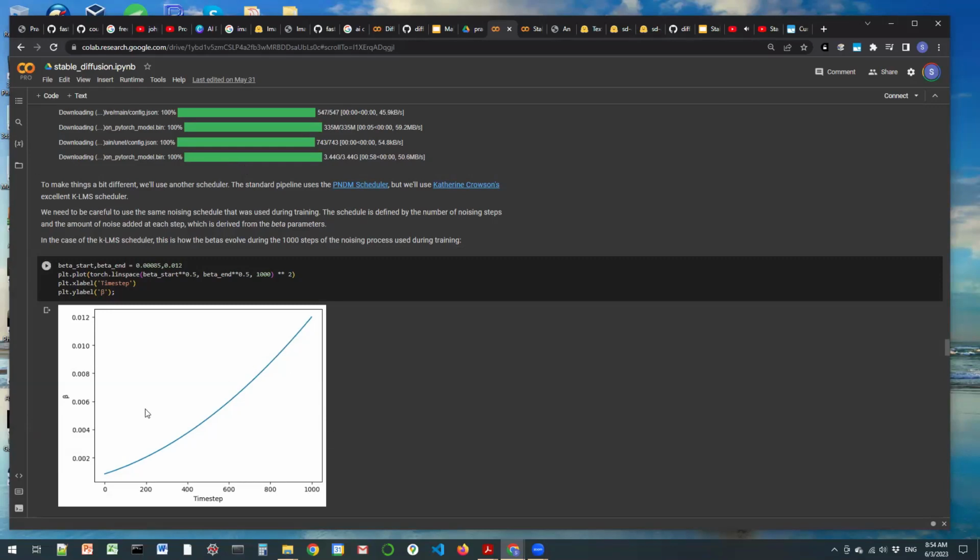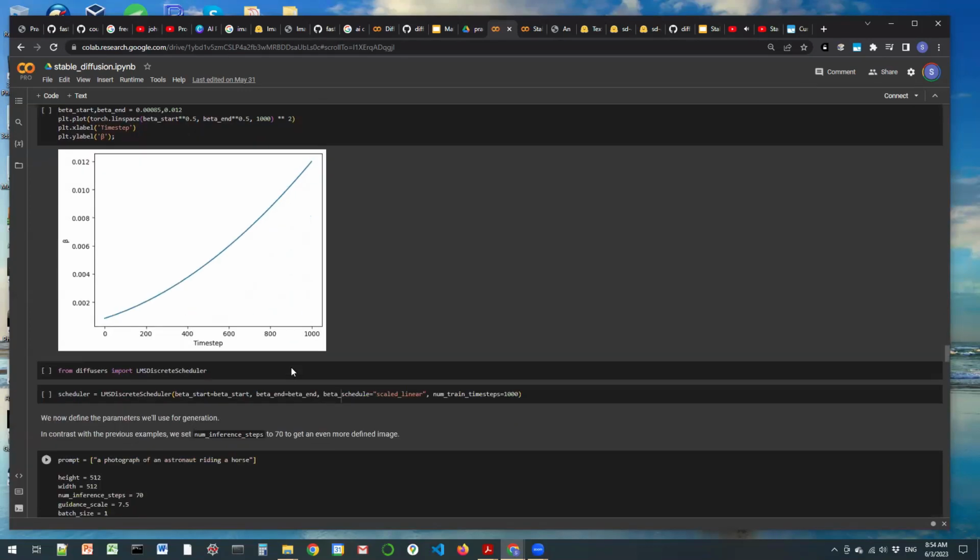This is the graph of time steps on the horizontal axis and noise added on the vertical axis. This is just a graph which plots at time step 600, what's the amount of noise? At time step 800, what's the amount of noise? At time step 1000, what's the amount of noise? And so on. And so we just use an LMS discrete scheduler.